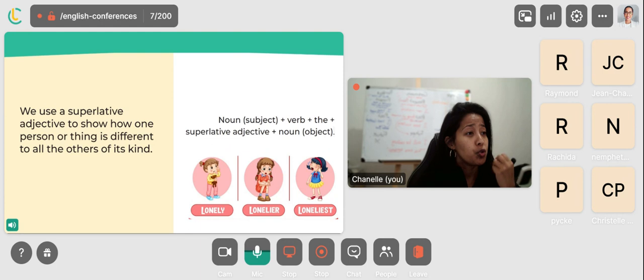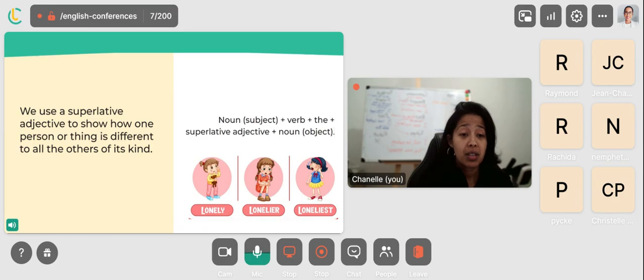We use a superlative adjective to show how one person or thing is different to all the others of its kind. And in this example, you have the noun or the subject of the sentence, plus the verb, plus the, with the superlative adjective, plus the noun object.